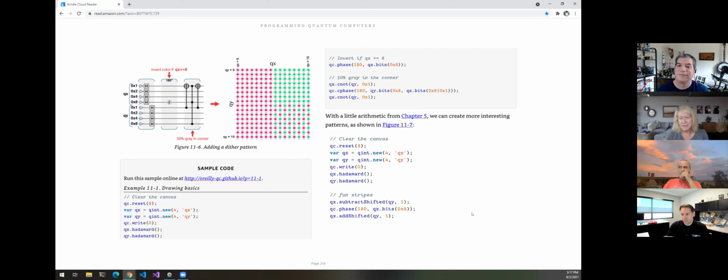I would just say that this is a very contrived example. He said that, but the thing that probably makes it a little bit difficult to grok is he is drawing with quantum operations, but that's not really what you do in the real world. He's doing that to make what is going on visible.